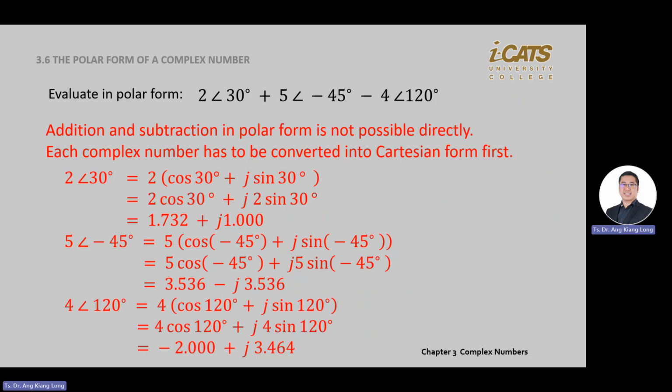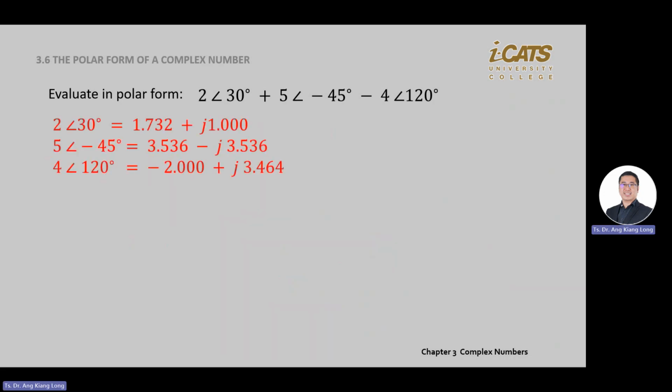Now once you have these numbers, you can add and minus. Once you get the real numbers, add together or follow the sign, right? Especially this one, careless mistakes sometimes happen. For example, for 120 degrees it is negative 2, but you forget that in the original question there's a negative 4 there.